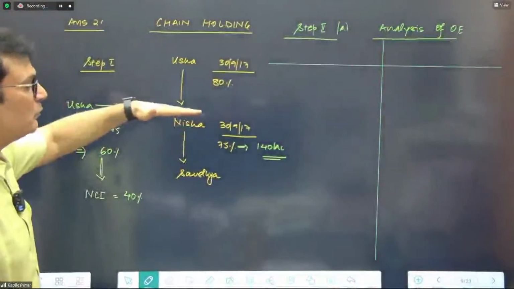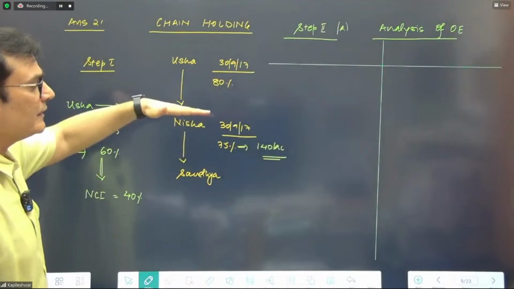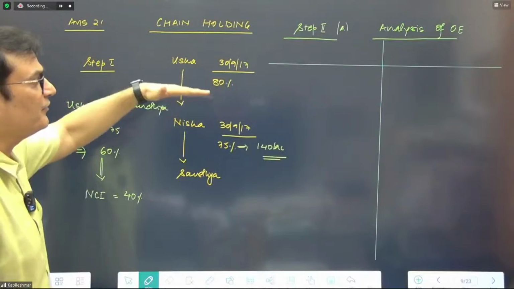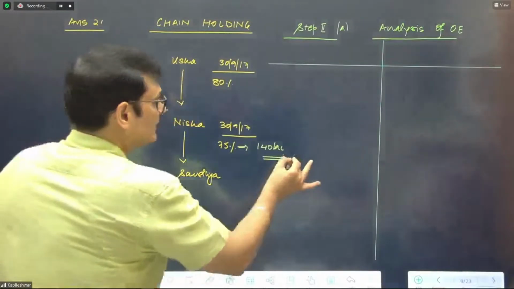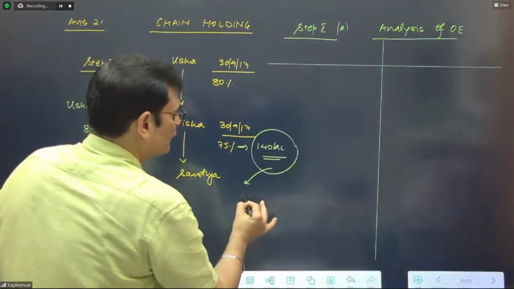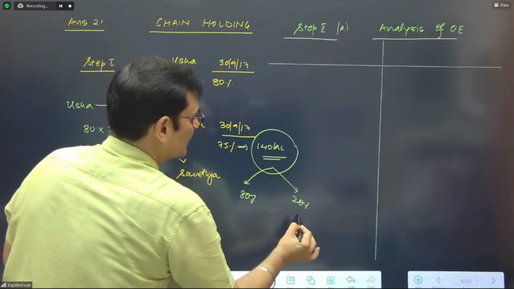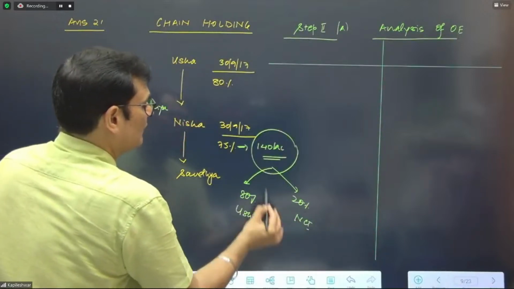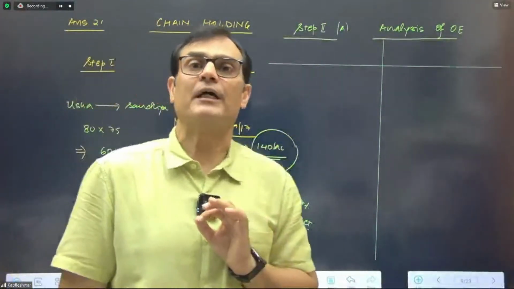When Nisha is investing a total of 140 lakhs in Sandhya, 80% is funded by Usha, the 80% owner, and 20% by NCI.